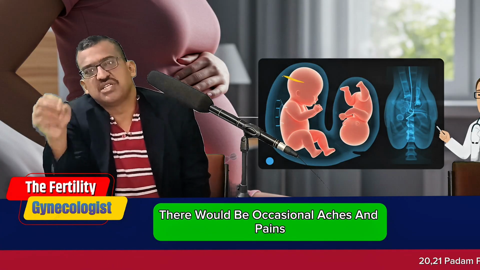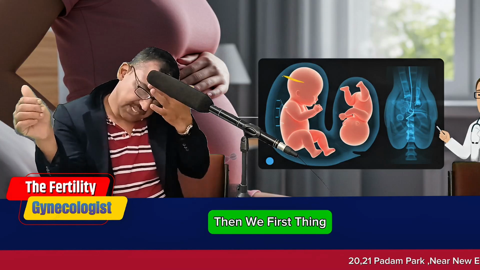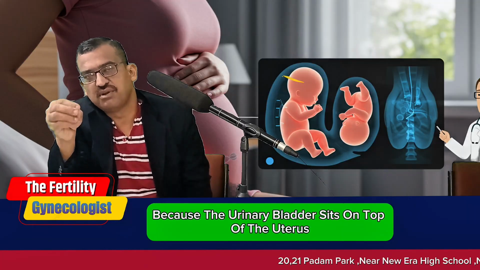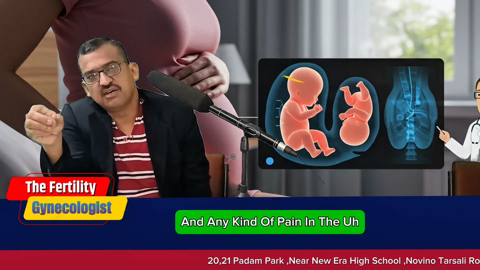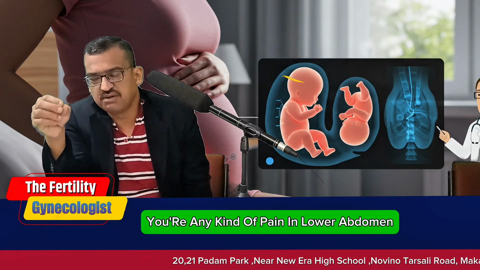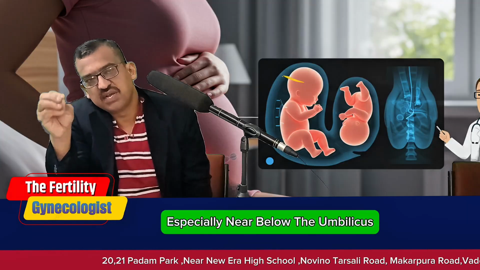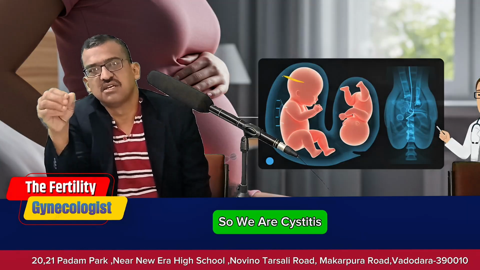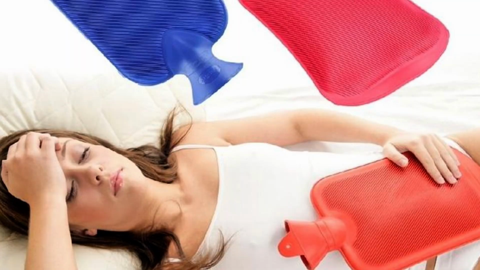There would be occasional aches and pains, but if it is a lower abdominal pain, then the first thing we have to rule out is a urinary tract infection, because the urinary bladder sits on top of the uterus, and any pain in the lower abdomen, especially below the umbilicus, is suggestive of a urinary tract infection or cystitis. So we have to rule out urinary tract infection, treat it if it is there, and the pain would get relief.